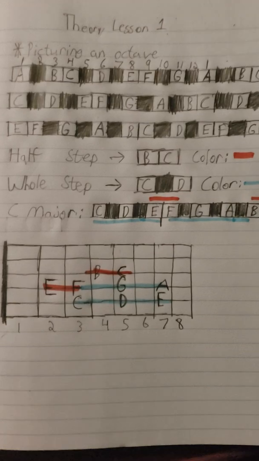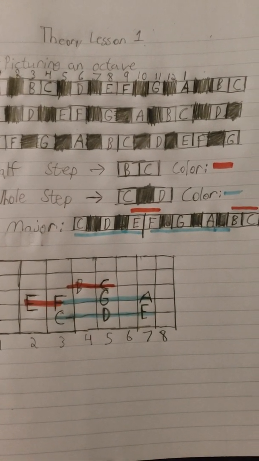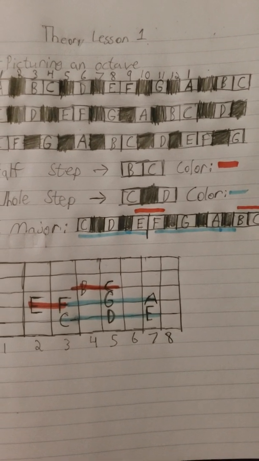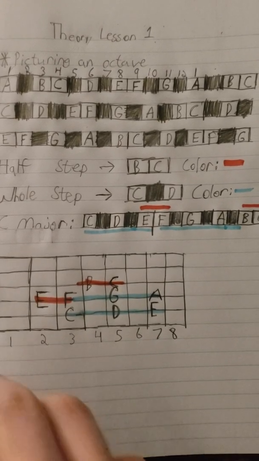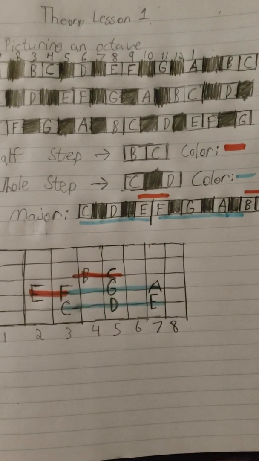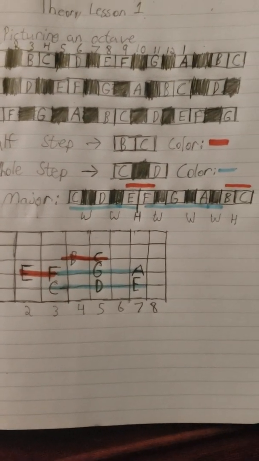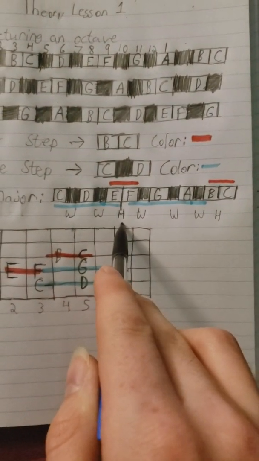Now, what we end up coming out to is that we can reorder into a major scale, which would be symbolized by whole steps and half steps.